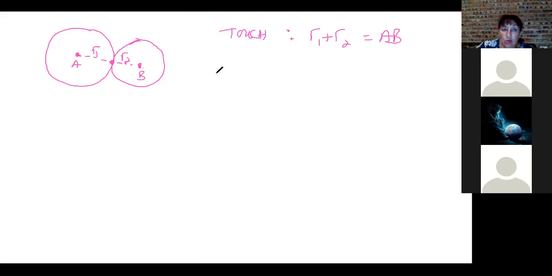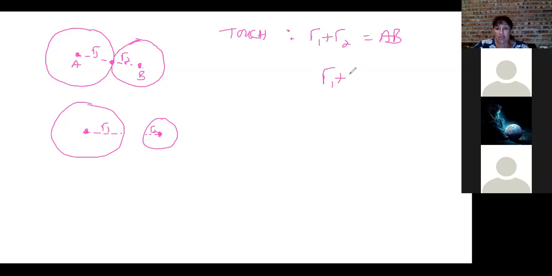And if they do not intersect, something like that, then you can say that if you added R1 and R2, it would be less than AB. So these do not intersect. Upside down U means intersect.